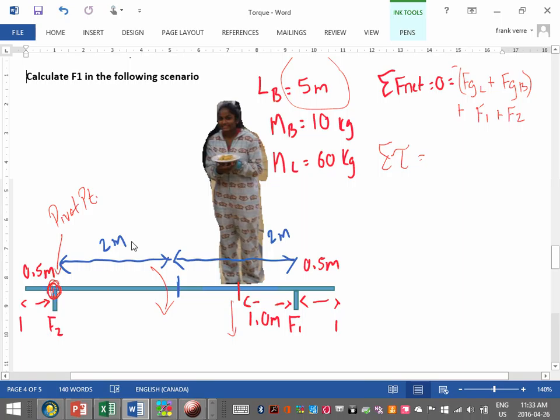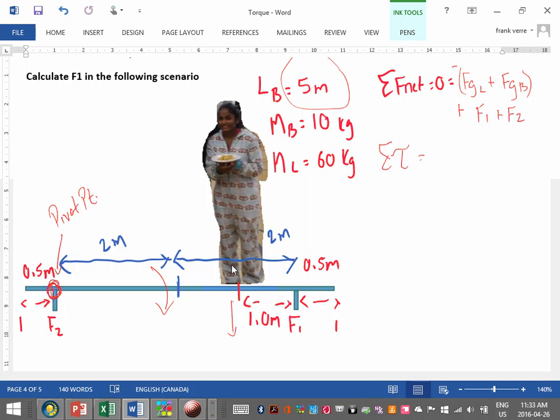Does that make sense? Okay, so there's our center of mass. So 2.5 meters from the edge, but 2 meters to our pivot point. So when we look at the net torque, you have the girl who's going to want the beam to rotate clockwise, but also the beam is going to want to rotate clockwise just because of the mass of the beam.